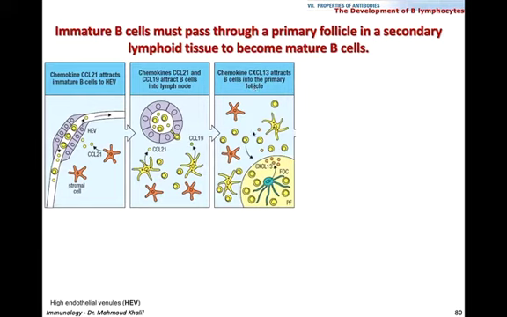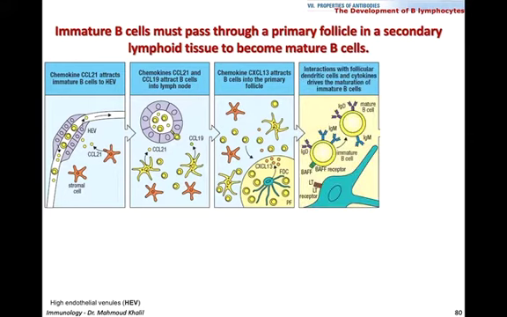Another chemokine, which is CXCL13, will attract these B cells into the primary follicles. And the need for the attraction into the primary follicle is actually to get the chance for any antigen to be sensed and hence for these B cells to be activated.